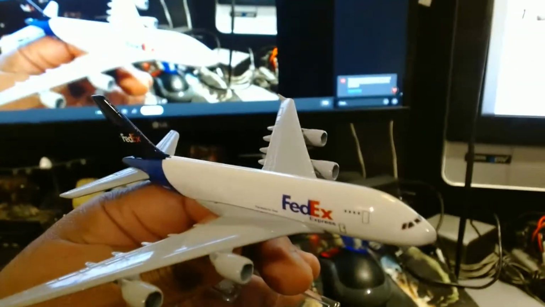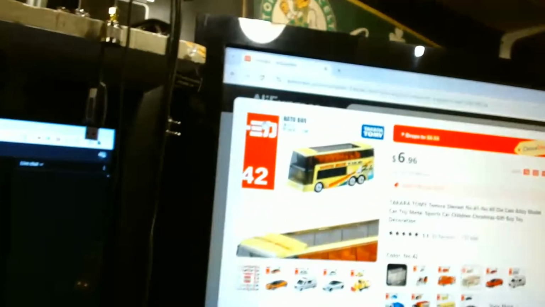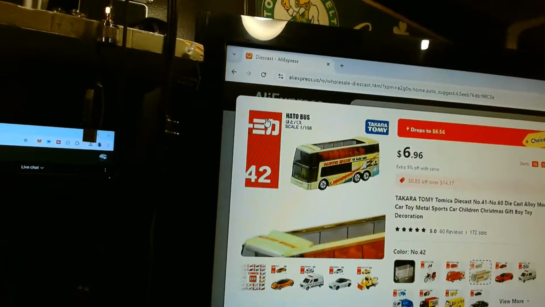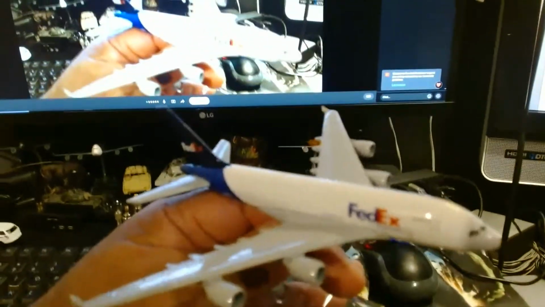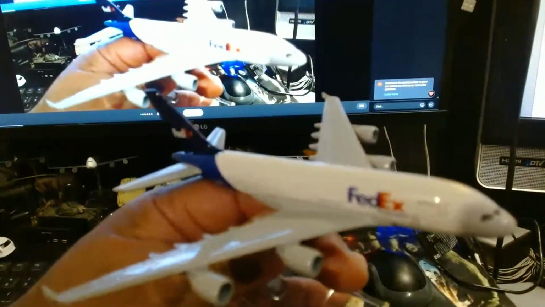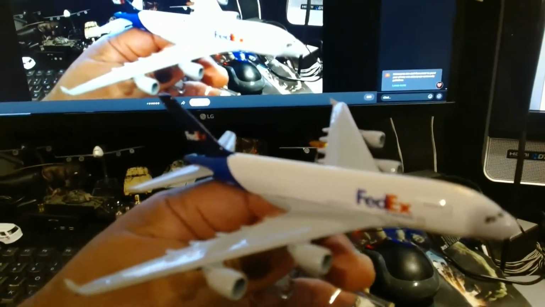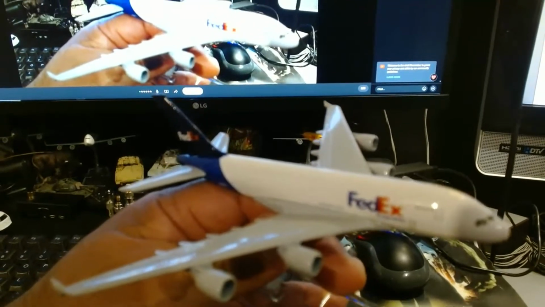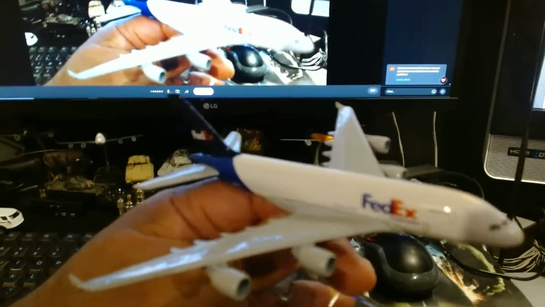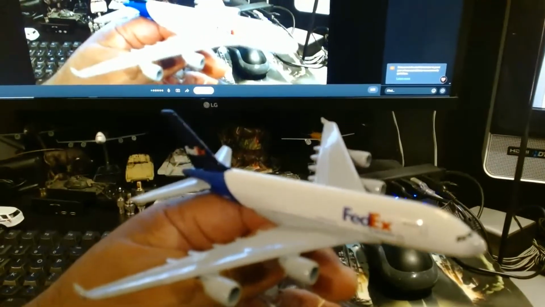If this plane were to be 1/156 scale, which they don't really make, usually these planes are 1/400. I see them listed at 1/200, which is way bigger. I've seen these planes listed at 1/200 and 1/400.